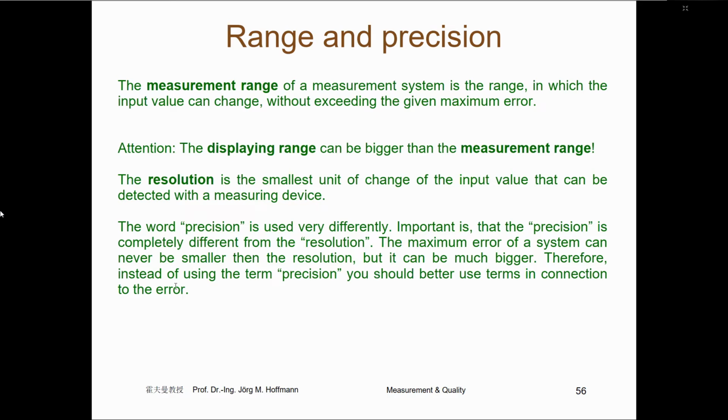Therefore, instead of using the term precision, you should better use terms in connection with the error. That is more concrete when you speak of the error. But otherwise, many people also use the word precision, but you should know what is behind this expression. Yeah, do you have questions?